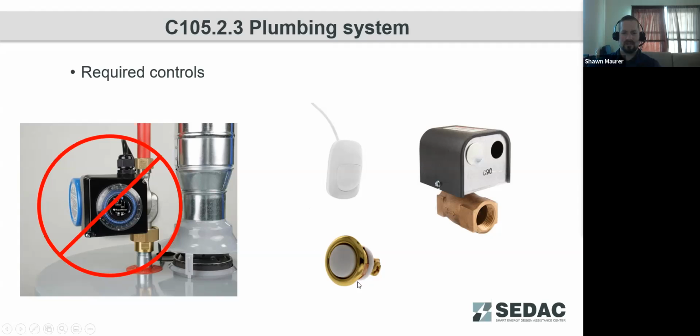So there's different ways to achieve that demand requirement for the codes, but no longer can you just have a continuously running circulation system. There is that demand component that we want to make sure is properly installed and is set up to work as specified in the design drawings.